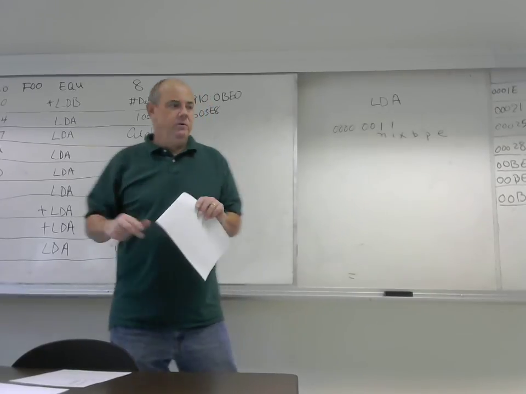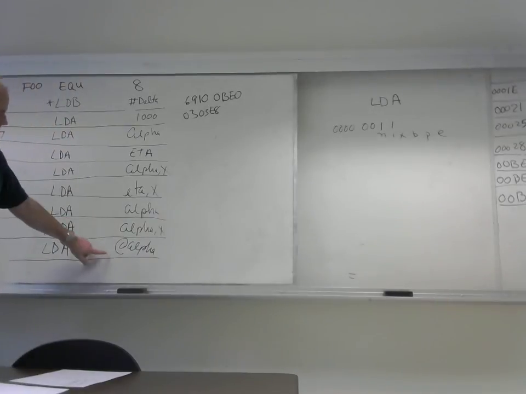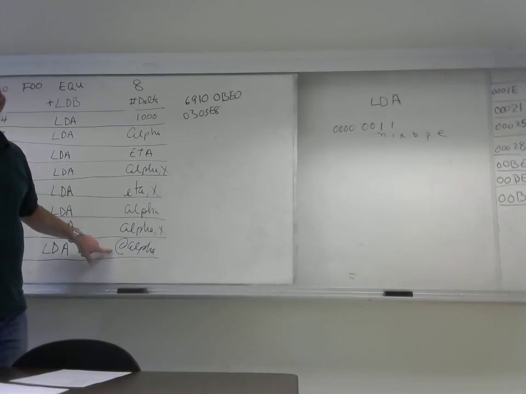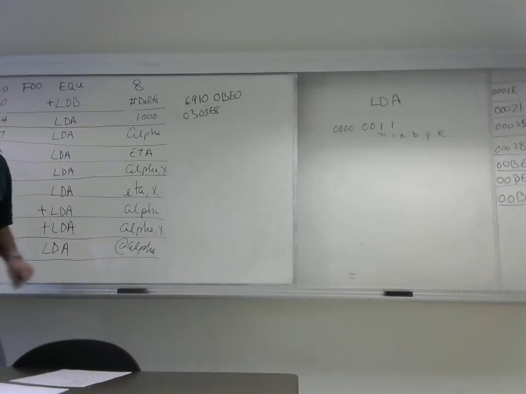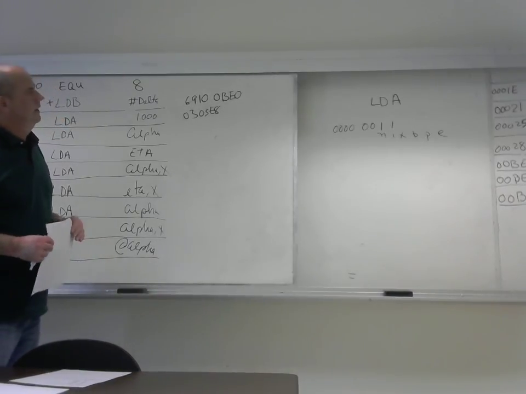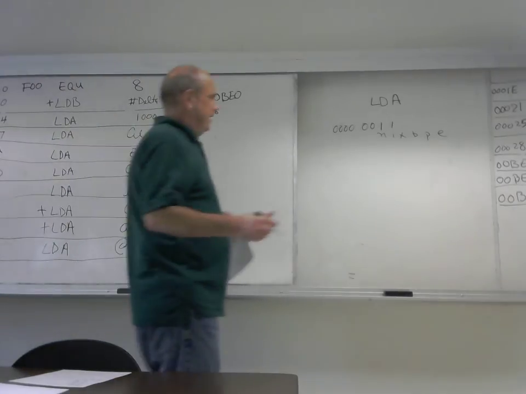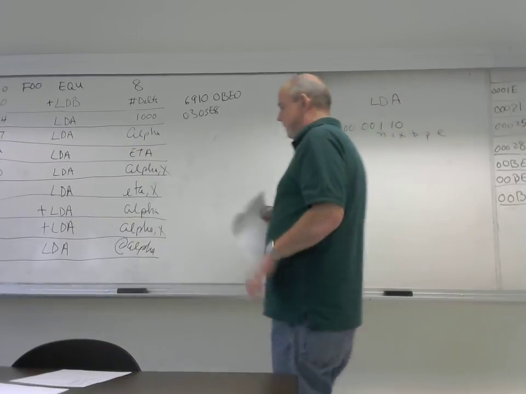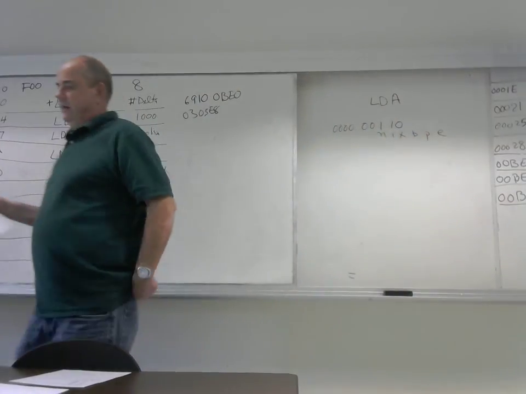It means if you go there, you will find an address starting at alpha. You go to that address and you reference it. So it's like a pointer. And they're marked, it has the at sign in front of it. Okay, is there an X? No X.